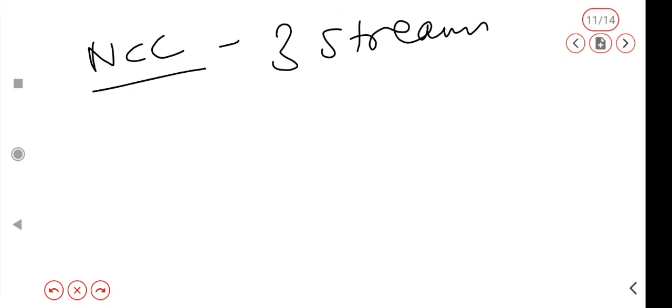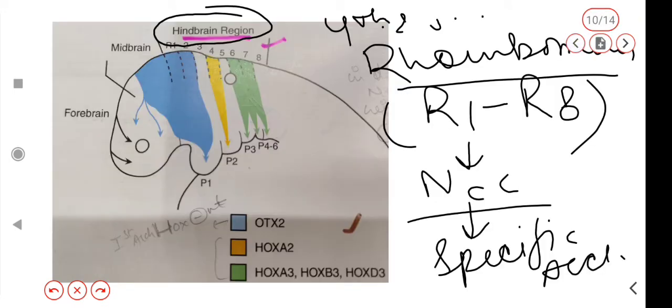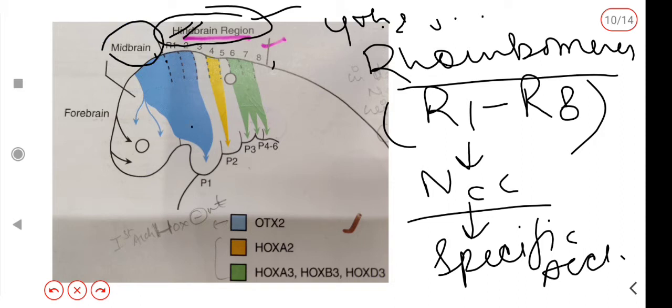And neural crest cells migrate in 3 streams, as we see in this diagram. This is the hindbrain region. These are the 8 rhombomeres. From R1 and R2, the first and second rhombomere, and from the caudal region of the midbrain, neural crest cells migrate into the first pharyngeal arch.